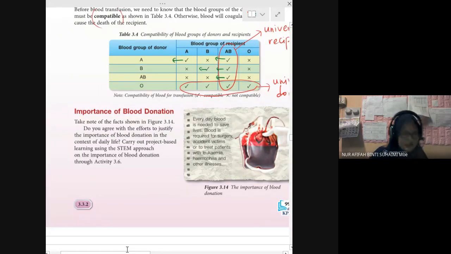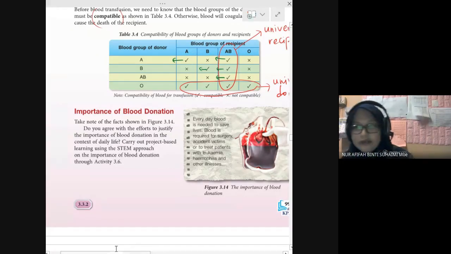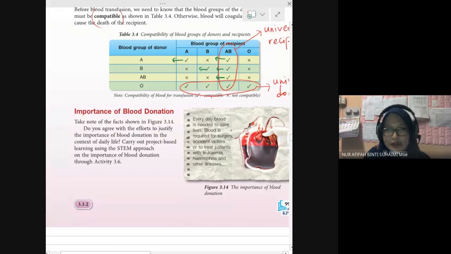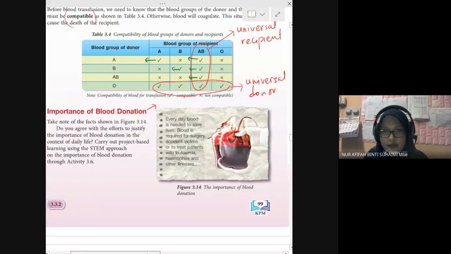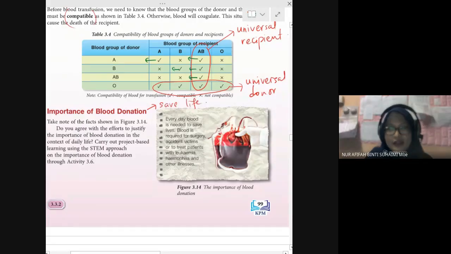Okay, importance of blood donation. What's the importance of blood donation? Okay, this one you need to think. What's the importance of blood donation? To save life.